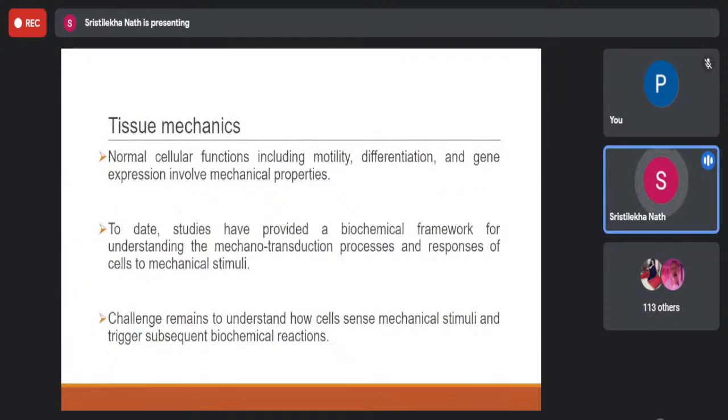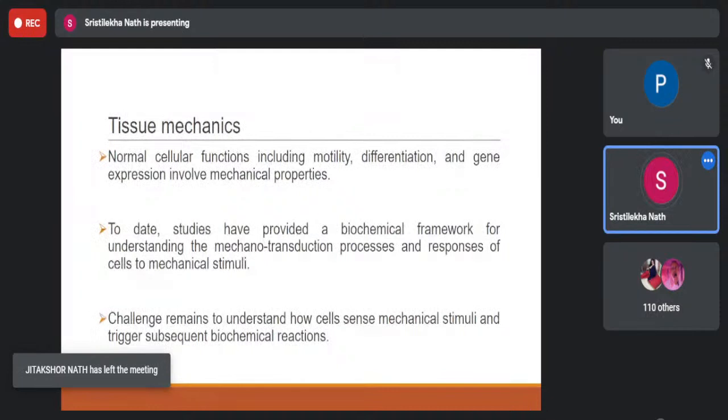That includes motility, differentiation, and gene expression, and it has been reported that these and many more such dynamic events contribute towards eliciting mechanical responses that again help in various embryogenetic events, organogenetic events, etc.